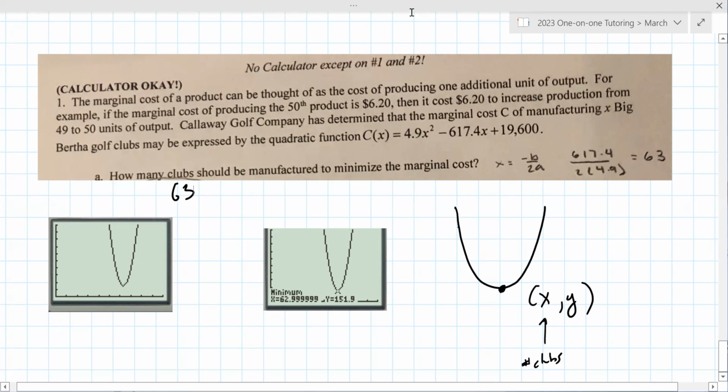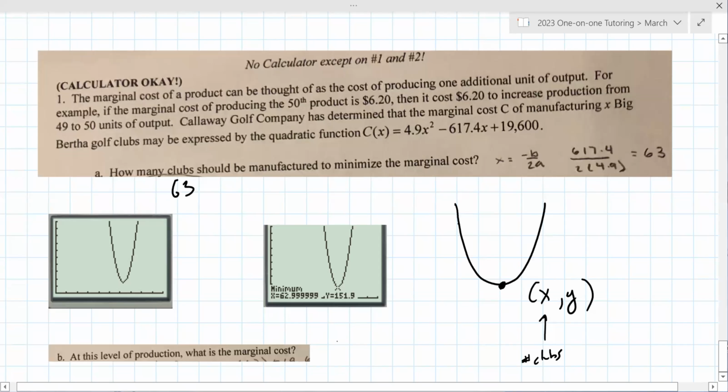Part B, you actually got that answer perfect. Part B is asking for the Y value of the vertex. Typically in a quadratic, they're going to ask you for either the X or the Y value. In this case, it's 151.9, and that's in dollars.